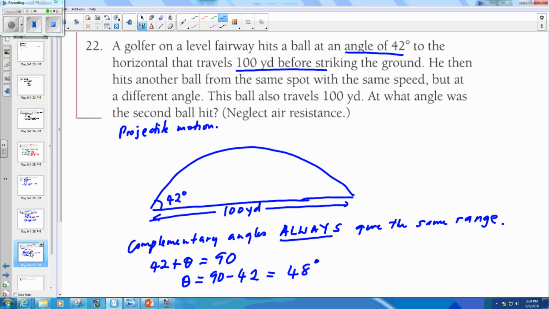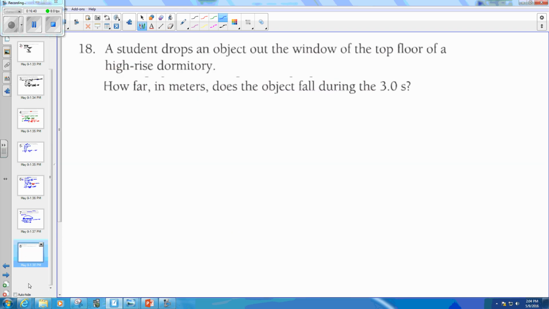The last question we have is our student, he drops the object from the window on the top floor. How far in meters did the object drop in 3 seconds? Here is what Galileo Galilei said. He says that the distance it's dropped is equal to 1/2 gt squared.